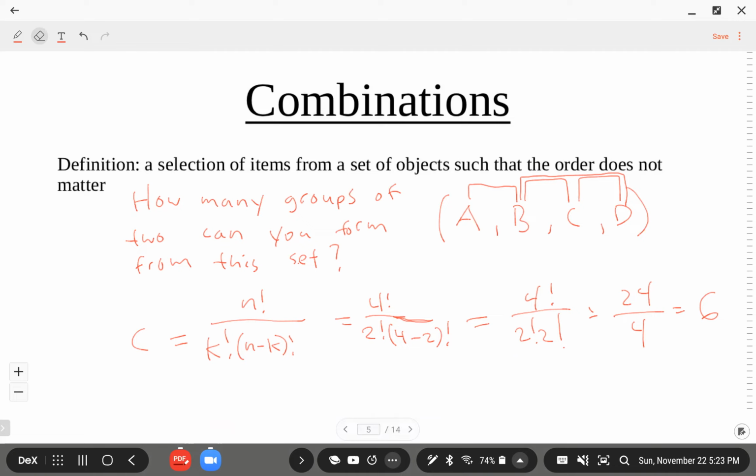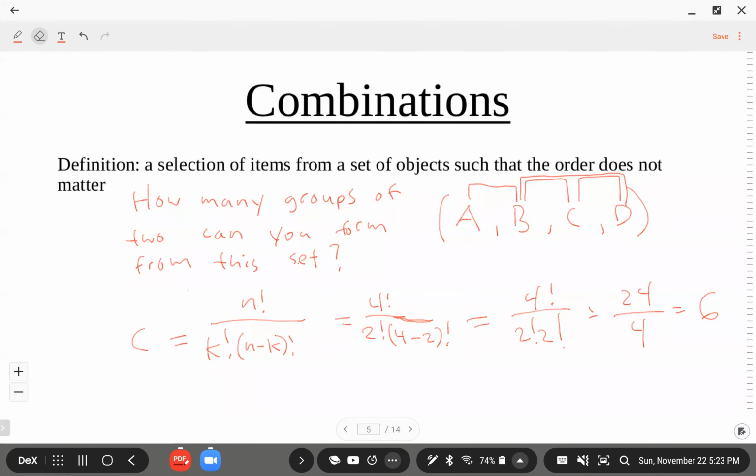Maybe you understand the n factorial on the top, but why do we need to divide all these things? So Anthony, anyone who is writing notes, this is also very important. Not just the formula, but we need to understand this formula. So now I'm going to explain why this formula works.